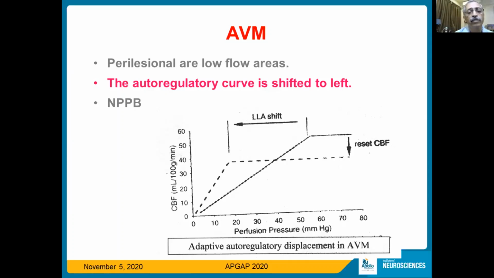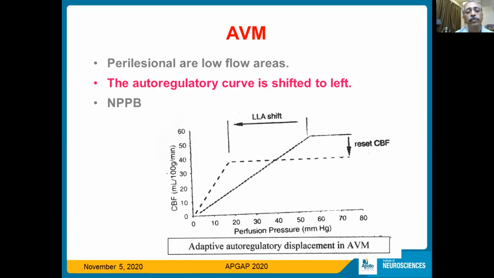Though the blood pressures are normal, the patients can still have cerebral hemorrhage, because these vessels surrounding the AVM are chronically vasodilated with loss of autoregulation, and it takes at least a few weeks for these vessels to come back to autoregulation.